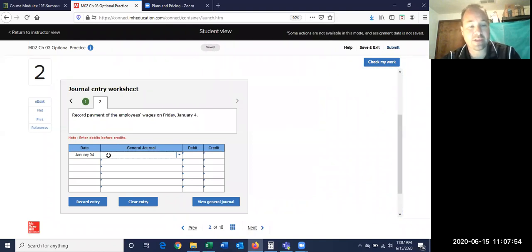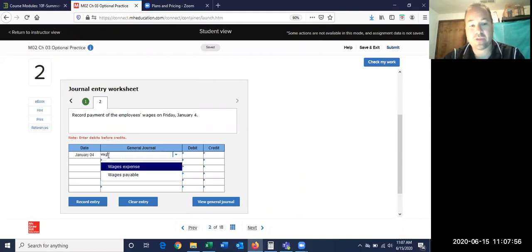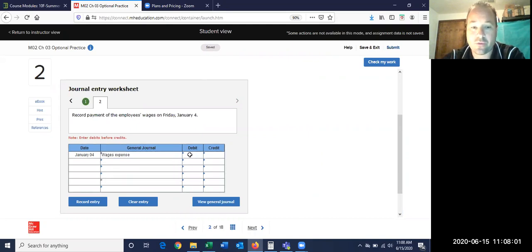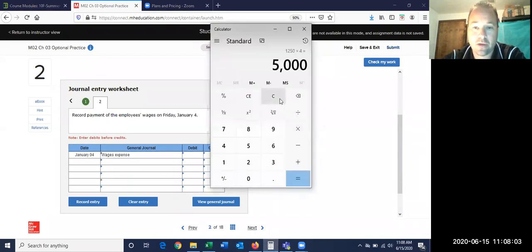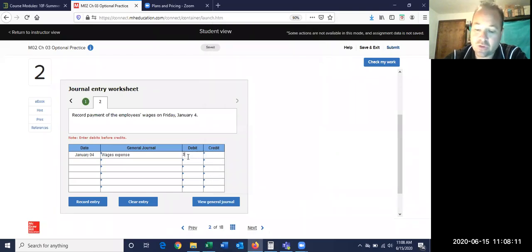Well, how we got there is the first thing is our employees worked during January. They worked 3 days' worth. We know that 1 day was $1,250. And if we do 3 days, that's $3,750. So our employees worked $3,750 during the month of January, during this current year. But I didn't just pay them for this month. I paid them for a little bit of last month.